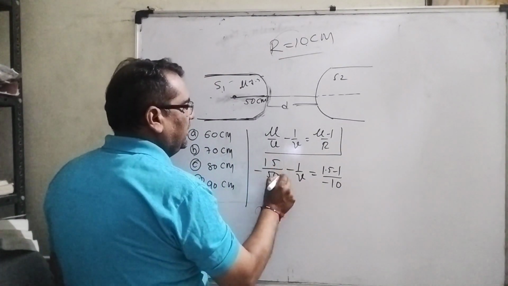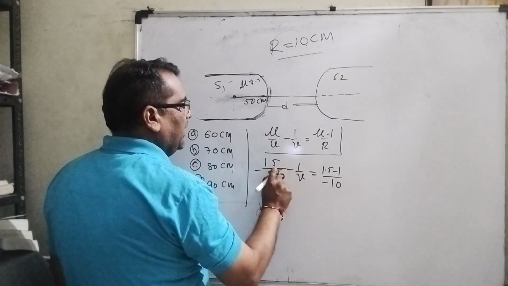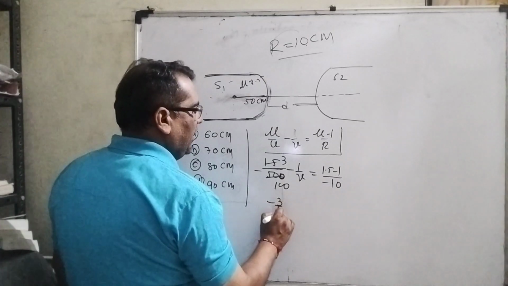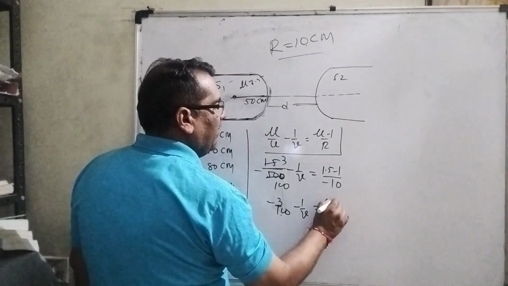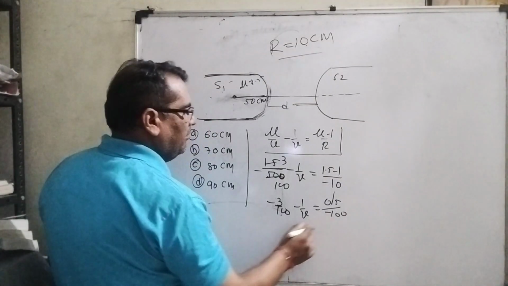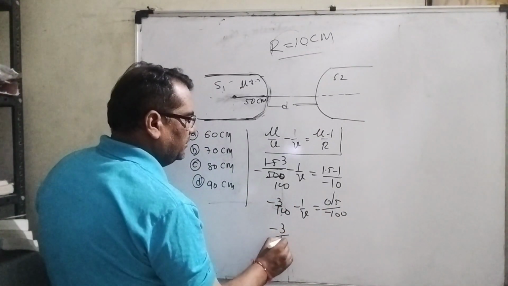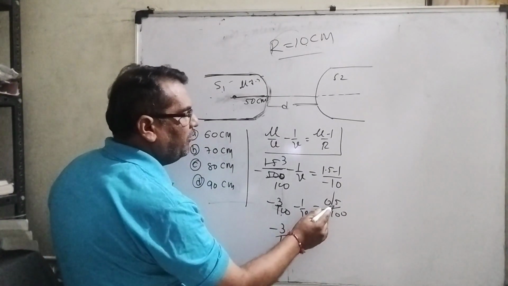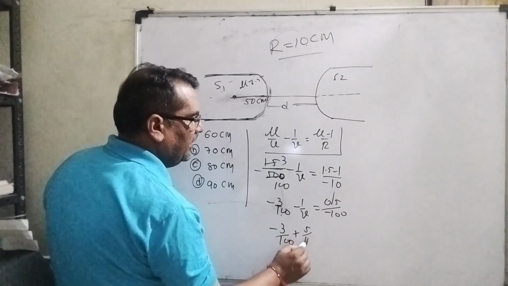Removing the decimal and applying 0 at the denominator: 5 is a 15, so 100 minus 3 by 100 minus 1/v equals 0.5 minus 1/10, again 5 by minus 100. No need to cancel out because 100 here also 100, so we can find the value easily. Transposing 5 by 100 to the left side, it becomes plus 5 by 100.